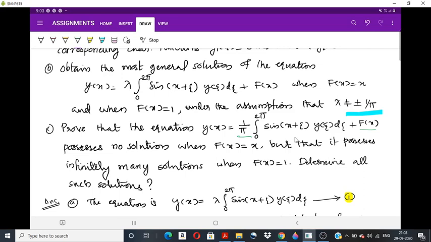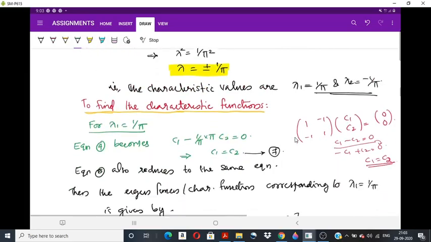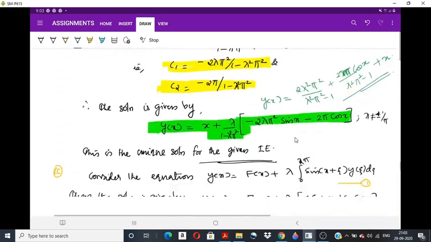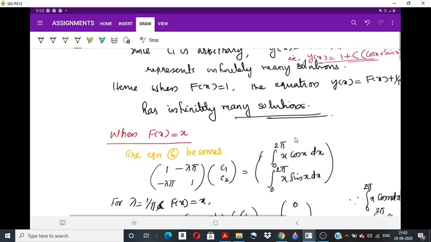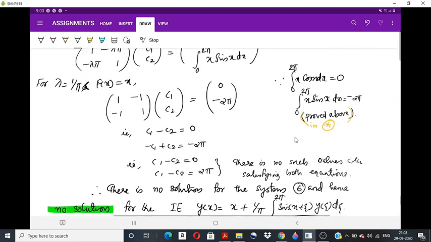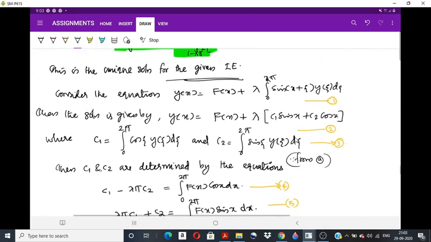And we have to find the structure of all these infinitely many solutions when f of x is equal to 1. So next we try to prove part C.